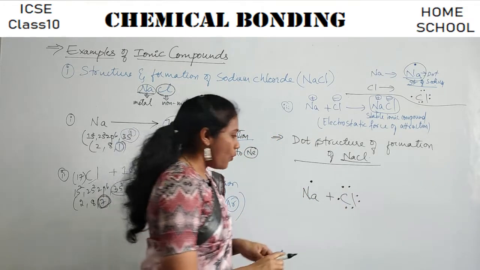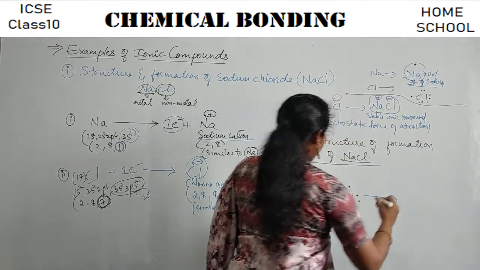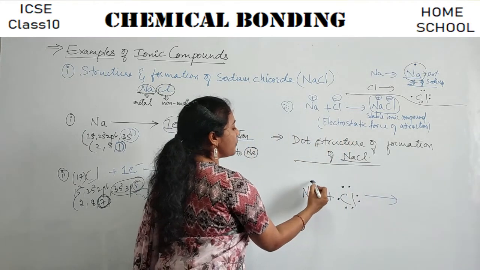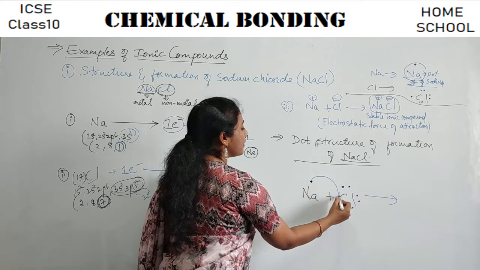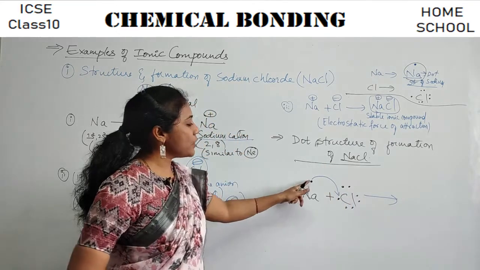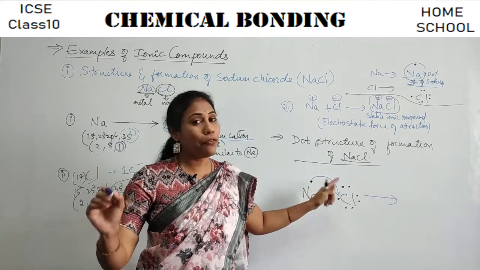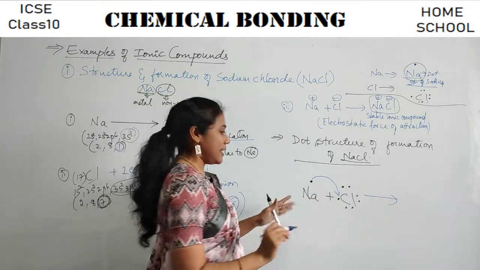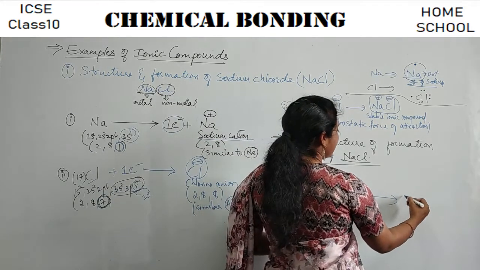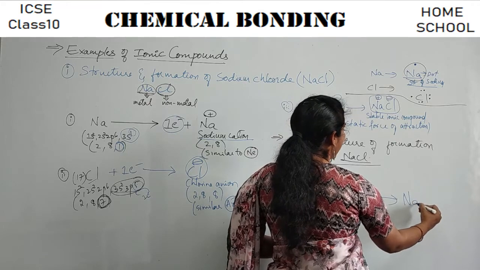What happens here is an electron is transferring from sodium to chlorine. Show that transfer of electron with the help of an arrow mark.